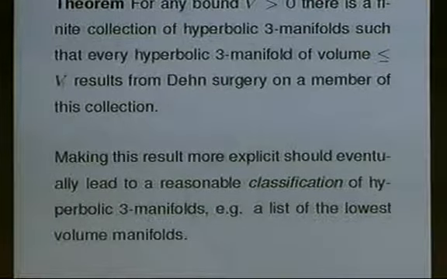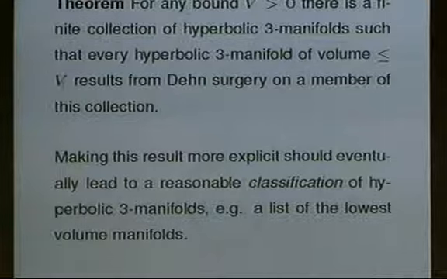So let me say a little bit about this Thurston-Jorgensen theorem, which gives you this kind of picture for the whole set of volumes. There's two key ingredients. One is the hyperbolic Dehn surgery theorem. The other one is the following result.